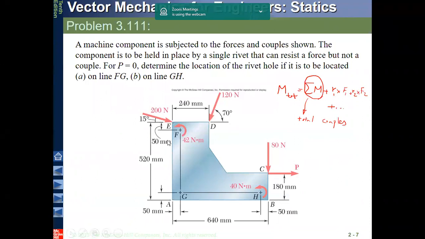This machine component is to be held in place by a single rivet that can resist the force but not a couple.